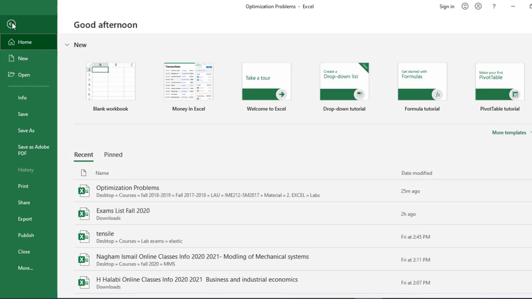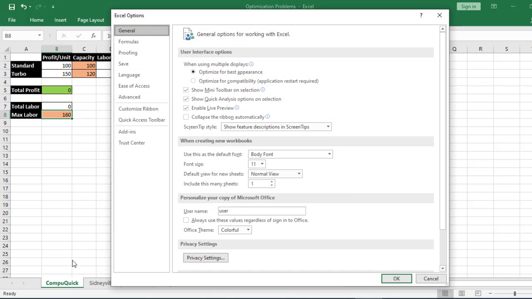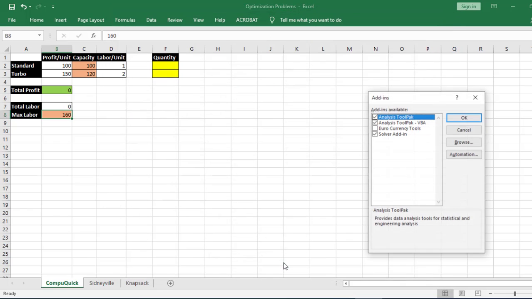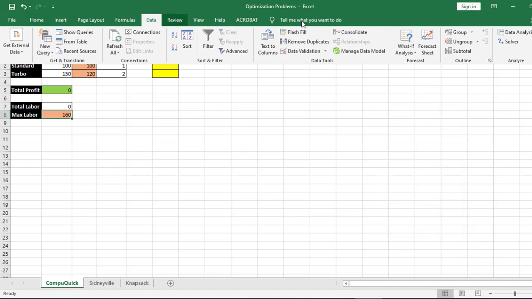You should go to File, and then go to More, go to Options, and then here, go to Add-ins, and then click on Go here, and then you should put a tick here for Solver Add-in. You can also put here a tick for Analysis Toolpack because we're gonna use it in the third part of this course. Now, whenever you click on OK, you're gonna see this under Data. So this is the Solver here.